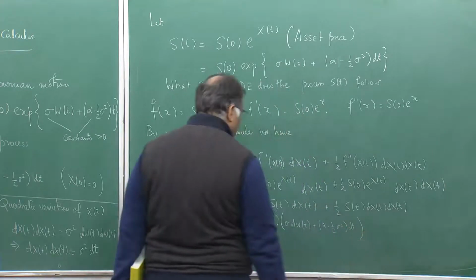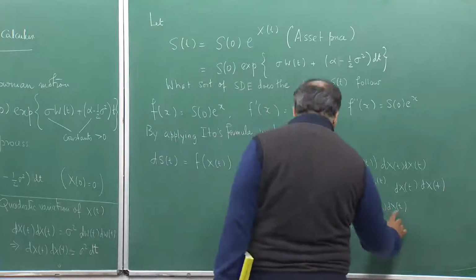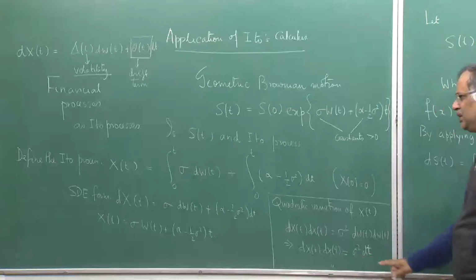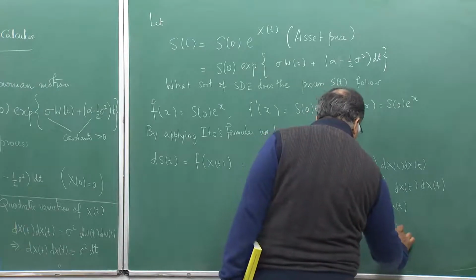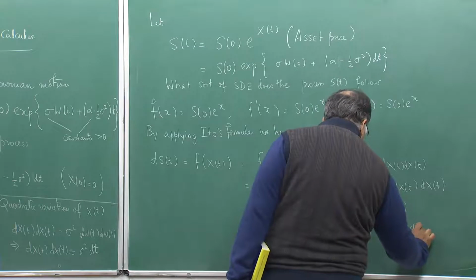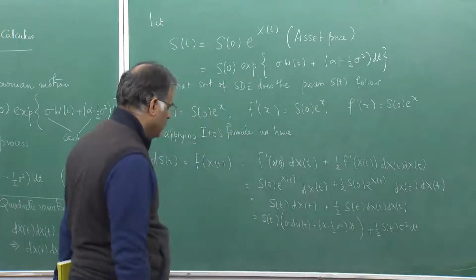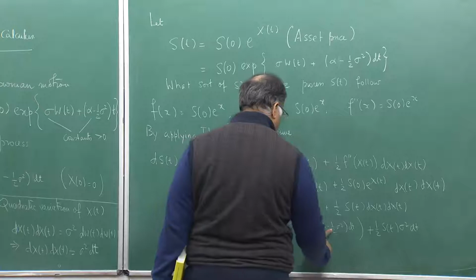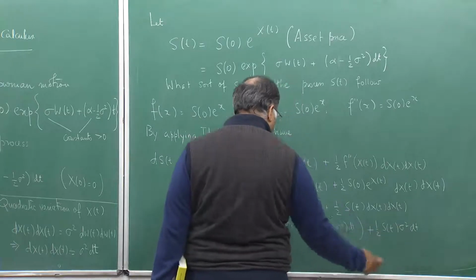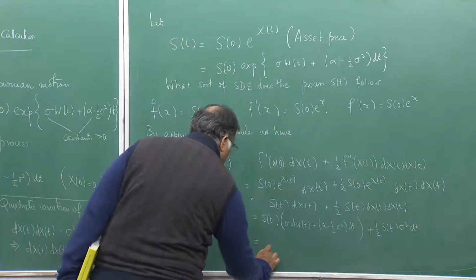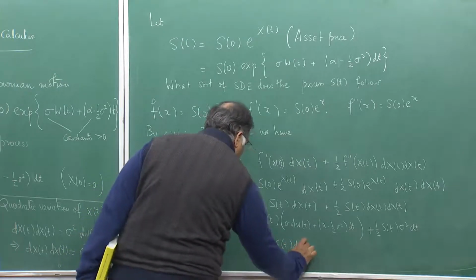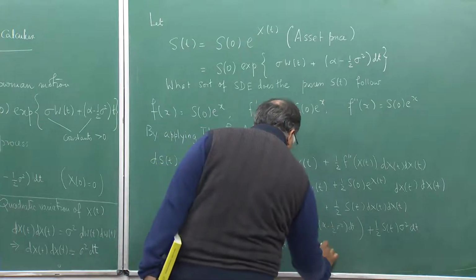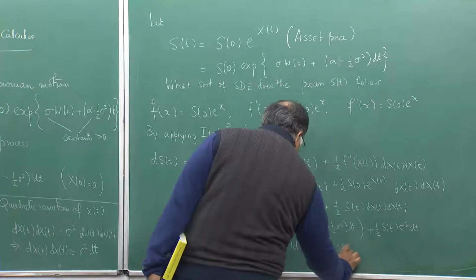Here dXt dXt is sigma square dt that we have already got, so I can replace this by sigma square dt. So, the St sigma square dt terms cancel, to give you alpha St dt plus sigma St dWt.